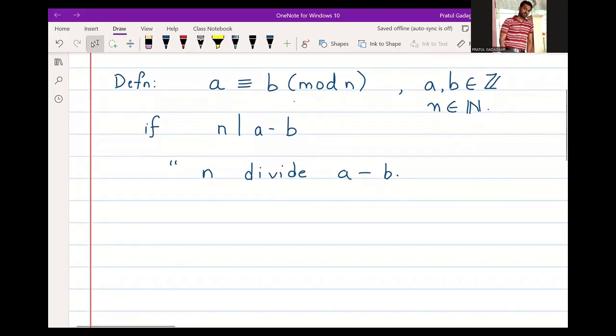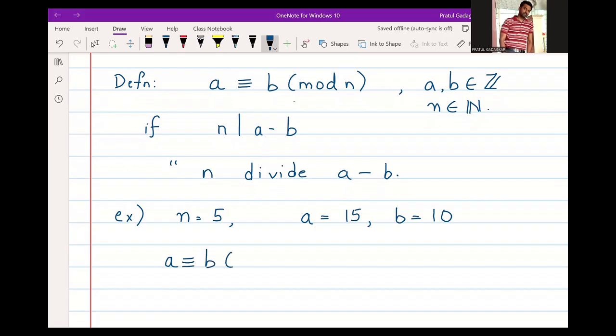So let us see one simple example of what it means. I'm going to take n equal to 5, a is 15 and b is 10. I want to check whether a is congruent to b modulo n.